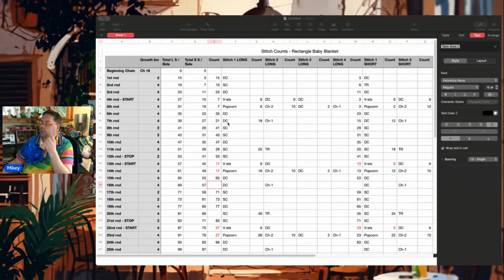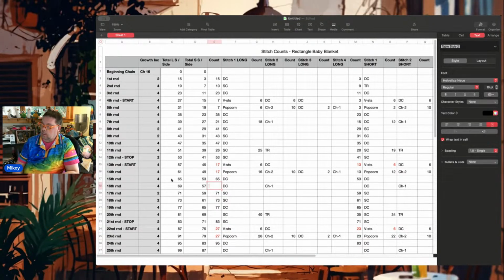So there's a differential. So 18, 19, 20, 21. So there's a difference of 4 stitches between the two. So 69 divided by 2 is 34.5.